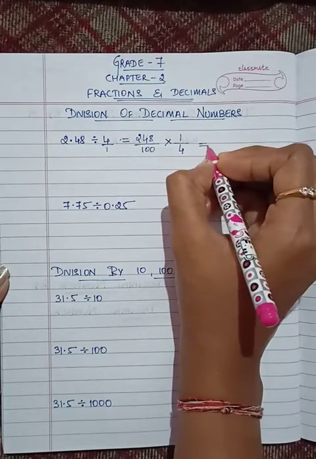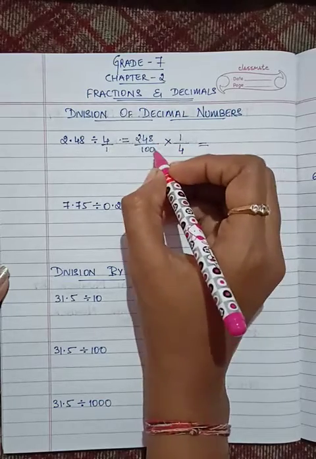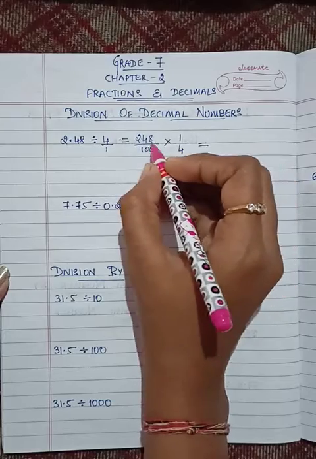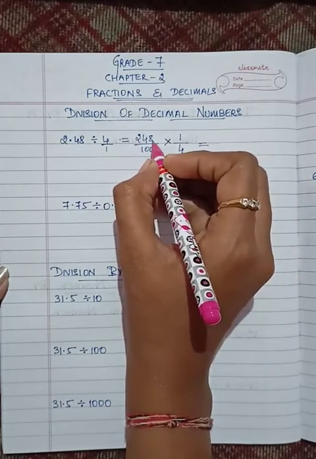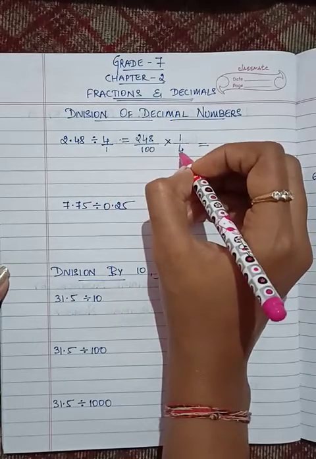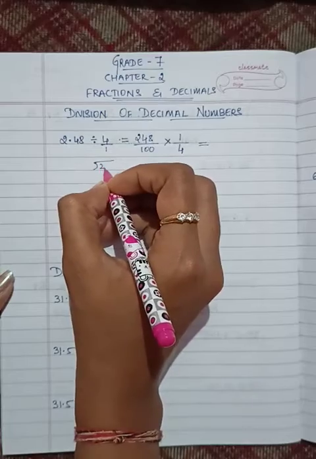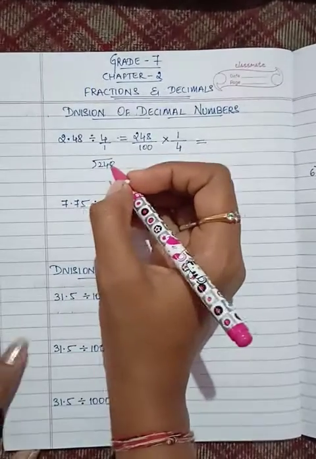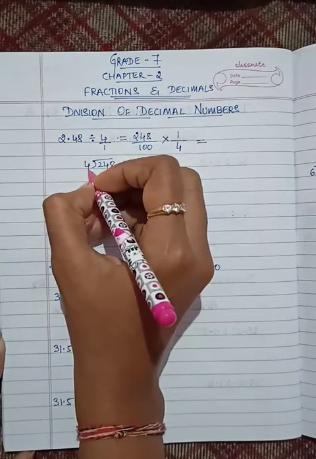Next step is, I need to see whether I can do the cross multiplication. So yes, this is an even number and this number is also ending with an even number. So let me try dividing. I'll do the rough work here. 248 divided by 4.